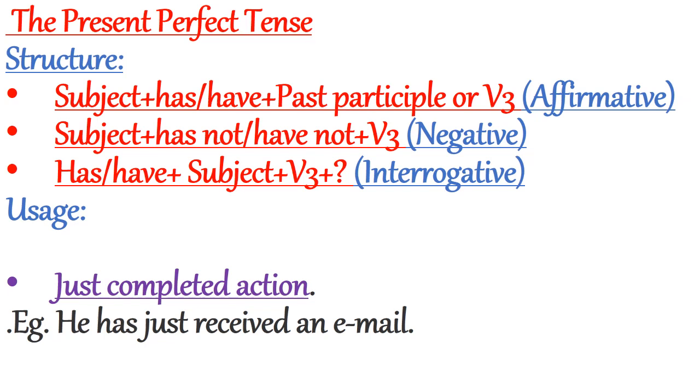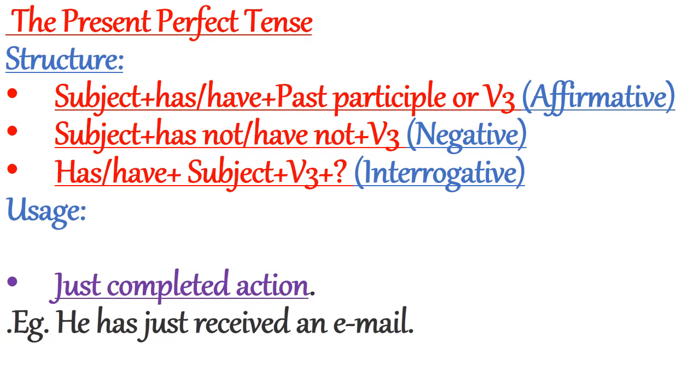Then subject plus has not or have not plus past participle or third form of the verb in negative sentences. And in interrogative sentences, we use this structure. Has or have will be used in beginning plus subject plus third form of the verb plus question mark. So this is the structure of present perfect tense.